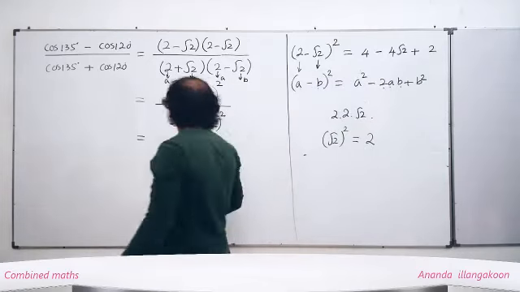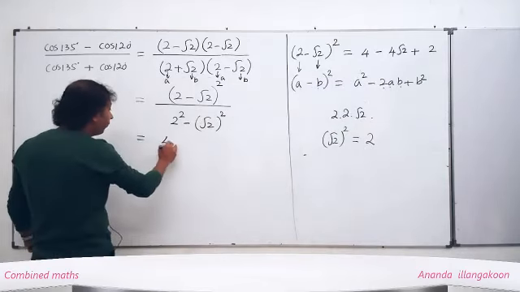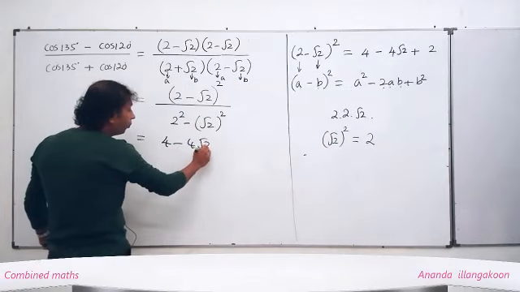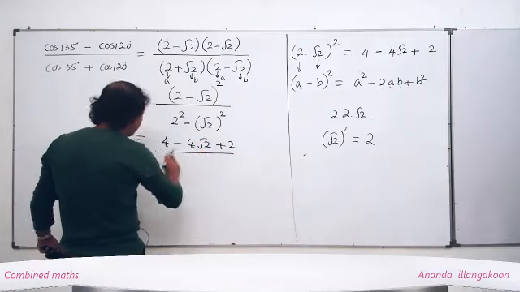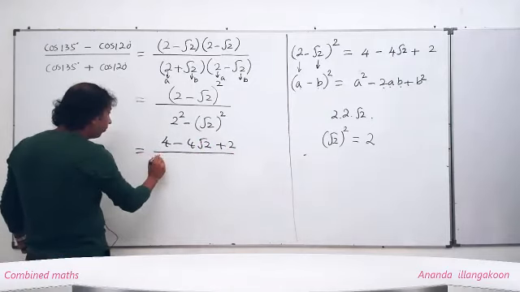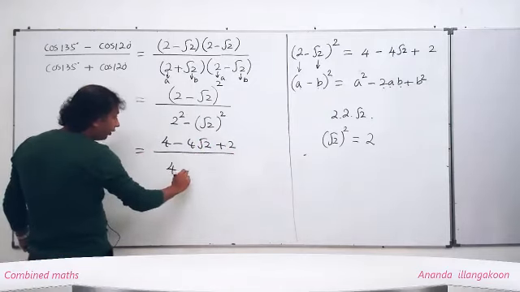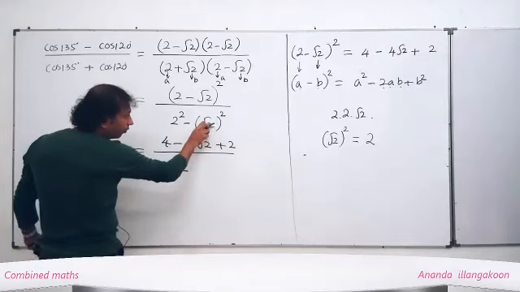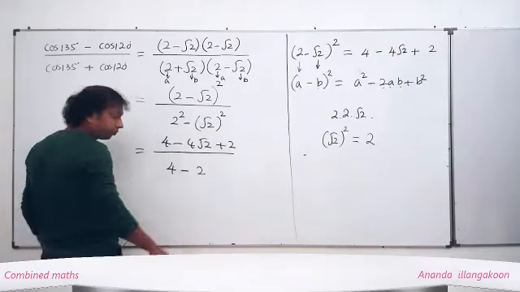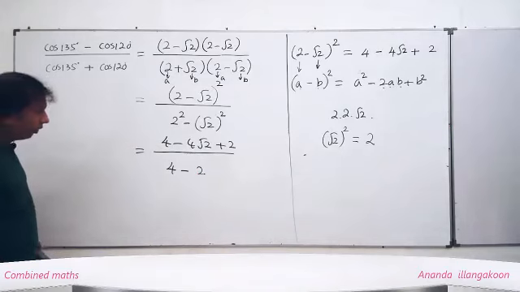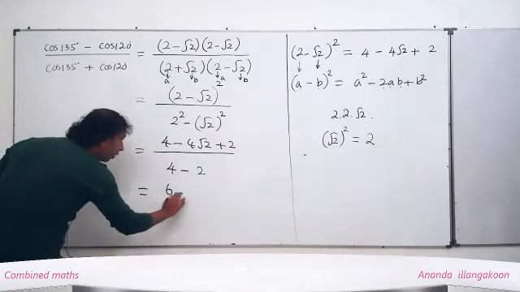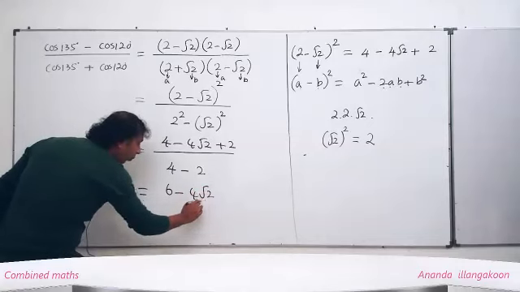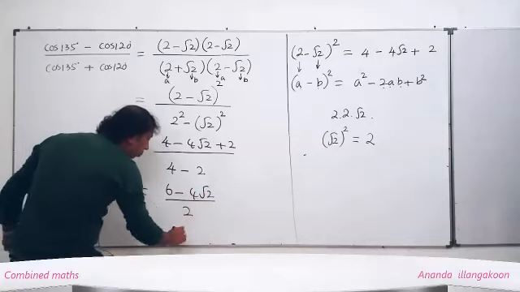Then what do you get there, people? 4 minus 4 root 2 plus 2, divided by 2 squared is 4, minus root 2 squared means the root will eliminate, we get only 2. Now 4 plus 2 is 6, minus 4 root 2. 4 minus 2 is 2.